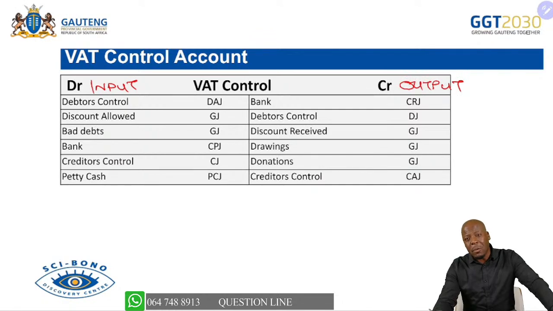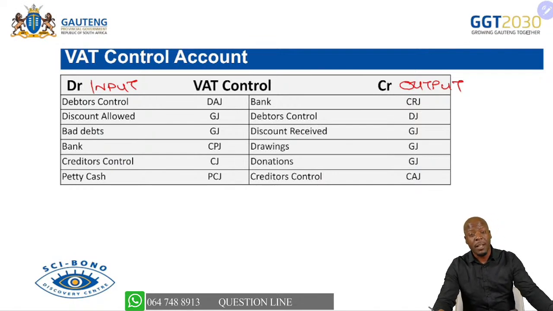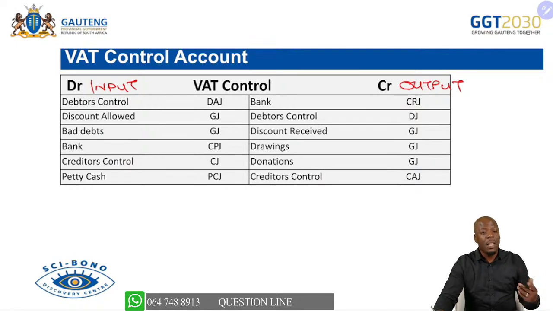It is very important, dear learners, that when we are determining whether goods are going into the input or to the output, it is easier if we follow the goods and not the money. What I'm saying is, if you want to know whether sales is input or output, look at the direction that the goods are taking.